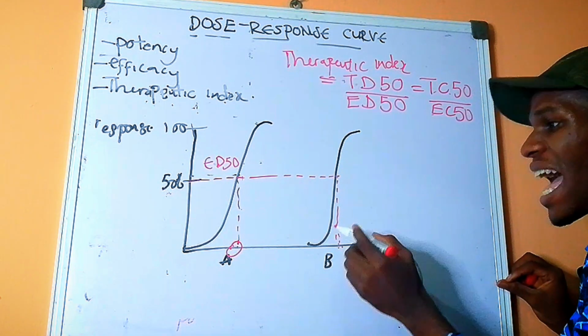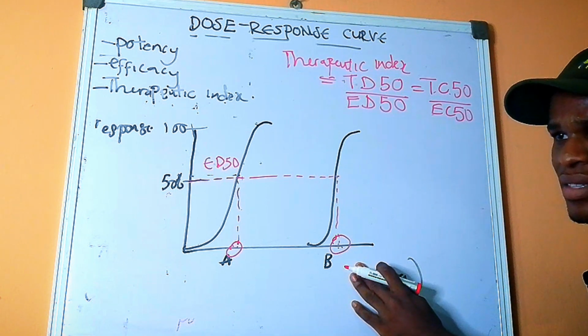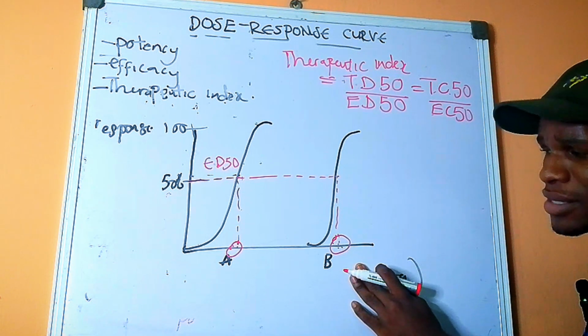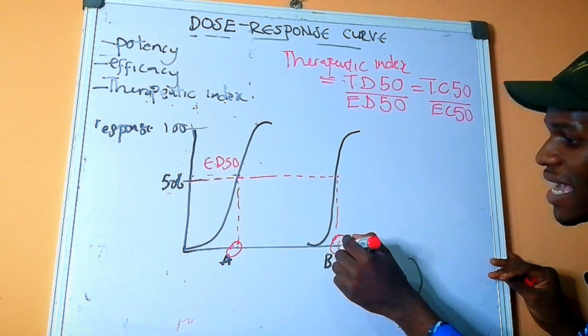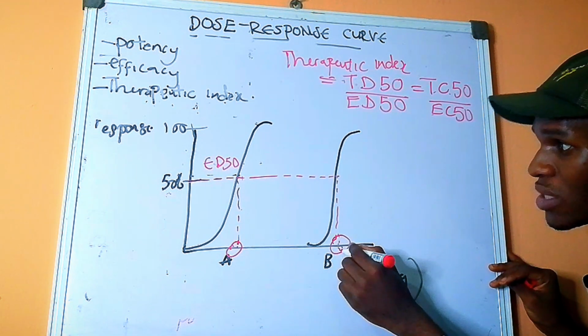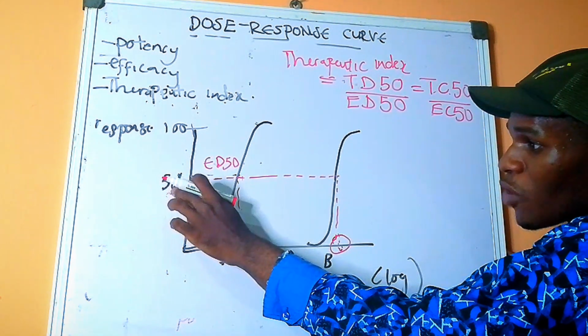At dose B, I have a higher dose. And what does higher dose mean? The higher the dose, the higher the toxicity, right? Sounds familiar. At dose B, I have a higher dose that will produce a toxic response in 50% of this population.